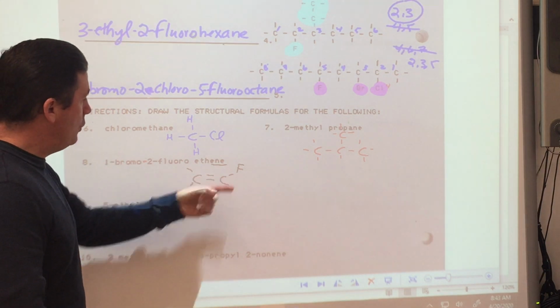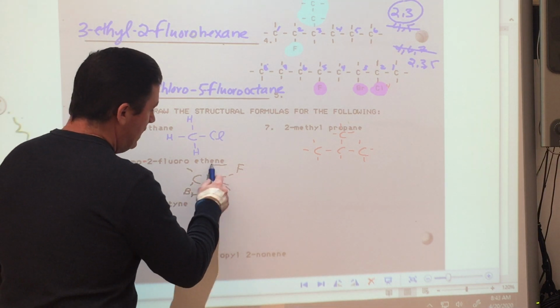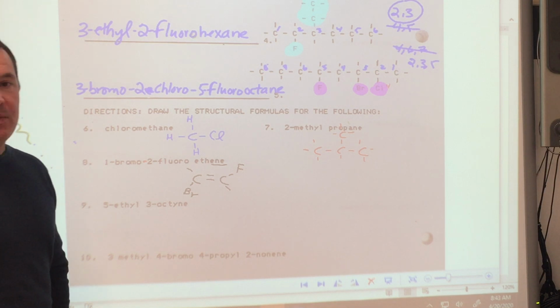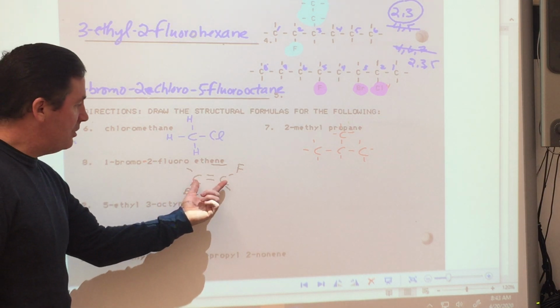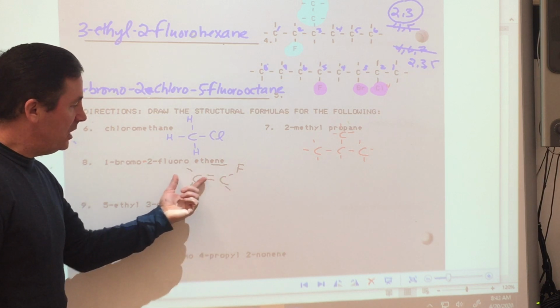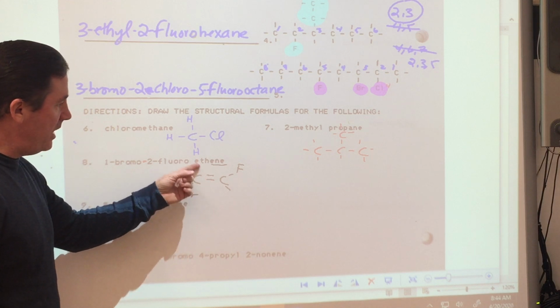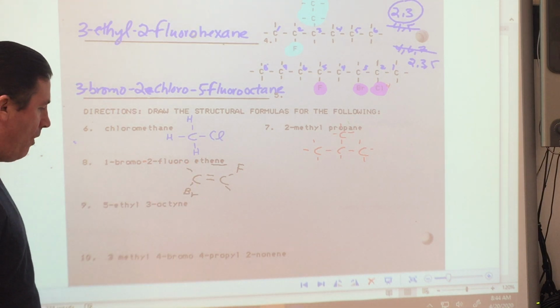You've got 1 bromo, 2 fluoroethene. Now, you might be thinking, ene, when I have a double bond or a triple bond, I'm supposed to be numbering which carbon it's attached to. Well, look, there are only 2 carbons, so each one of them is number 1 if you want to think of it that way. Okay? It can't be any other number other than 1. That's why they don't put the number there. All right?